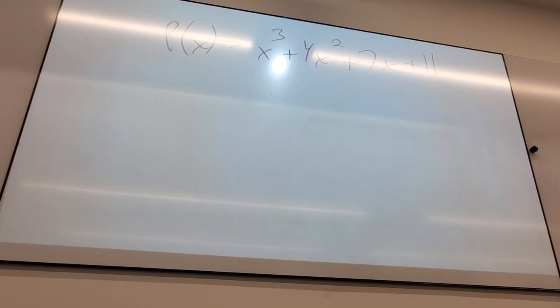Or an x-intercept, or a 0? So if 3 was a root of this, what would that mean? What does 3 do if I plug it in? If 3 is an x-intercept, and you all know this, what happens at the x-intercept? Every x-intercept, what's the output?